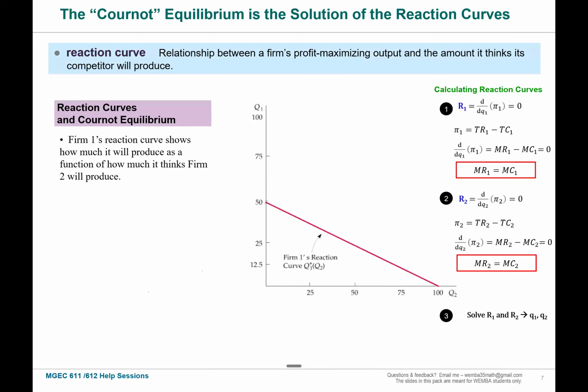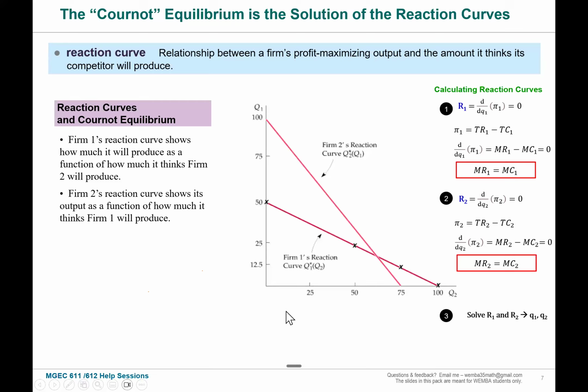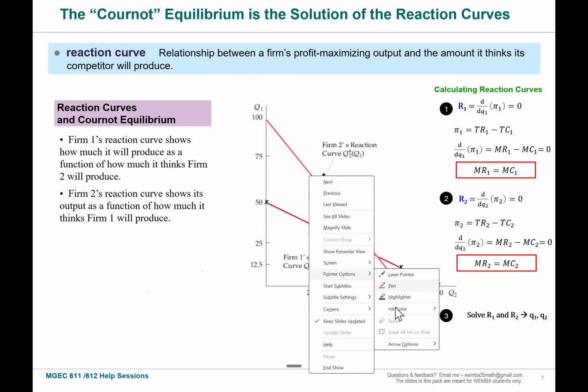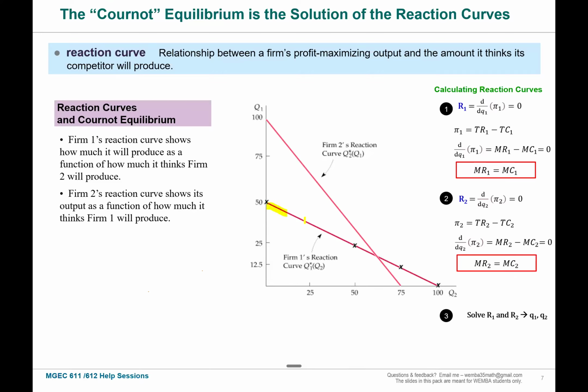Okay, so how does the reaction curve work? If you see this plot here, the reaction curve for firm 1, what I'm plotting is Q1, the amount that firm 1 produces, and Q2, the amount that firm 2 produces. If I follow this line, this one, this is firm 1's reaction curve.